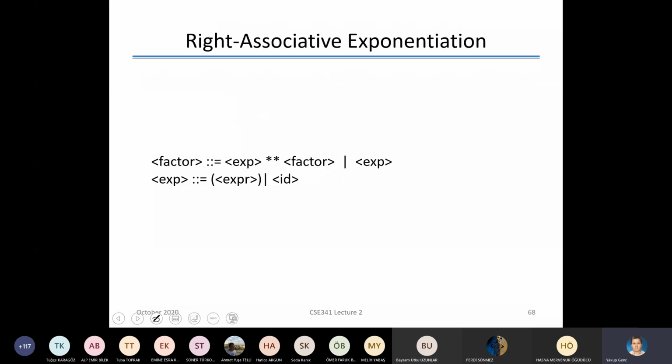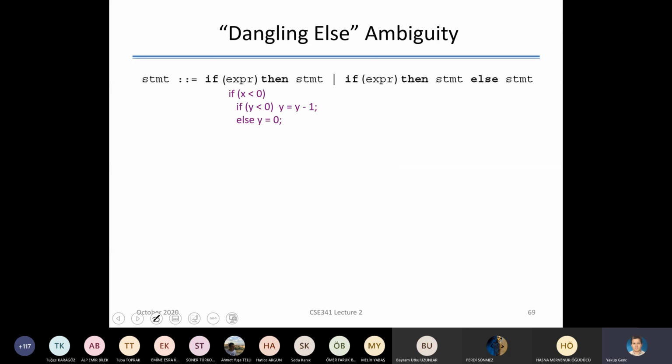There are some other ambiguities like this dangling else ambiguity. This is a case where statement goes to if expression in parentheses then statement, or if expression then statement else statement. In this case, the question is, for this input, which if does this else belong to? This is a valid instance of this grammar.